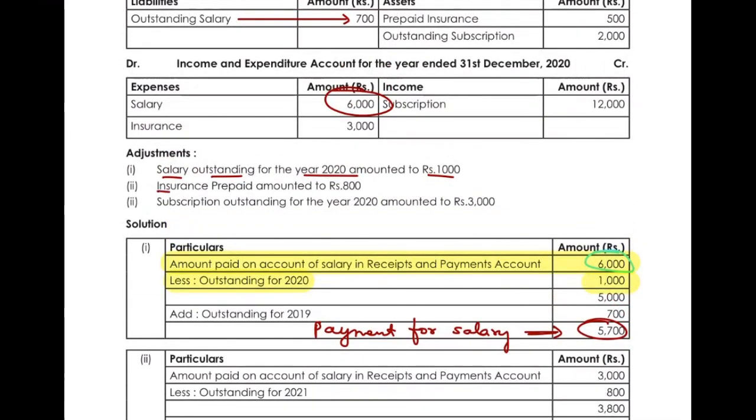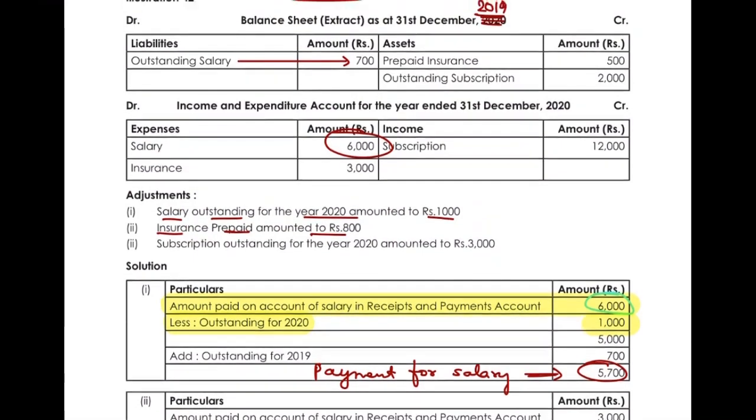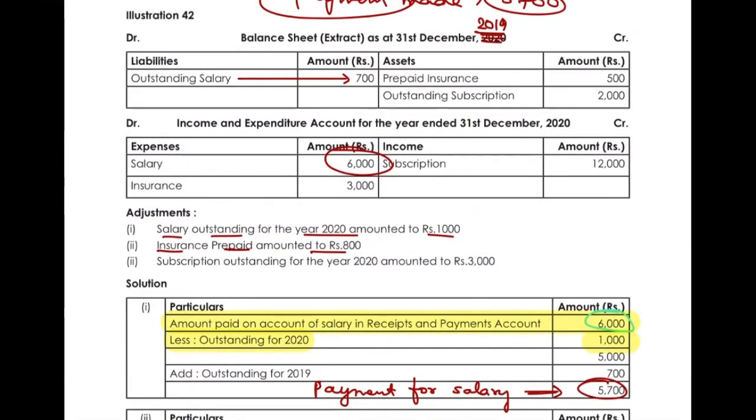Then you have insurance prepaid amount of 800. So earlier you had a total insurance expense. So expense is 3,000. You have a prepaid of 500, which was paid in the earlier year. So I will deduct the opening prepaid of 500 and I will add the closing prepaid.